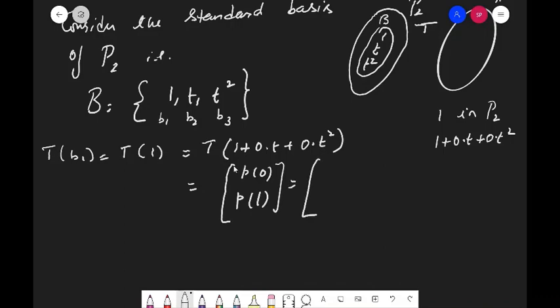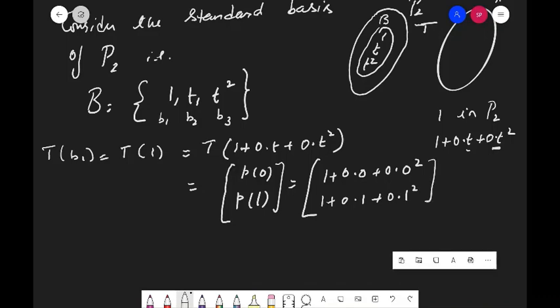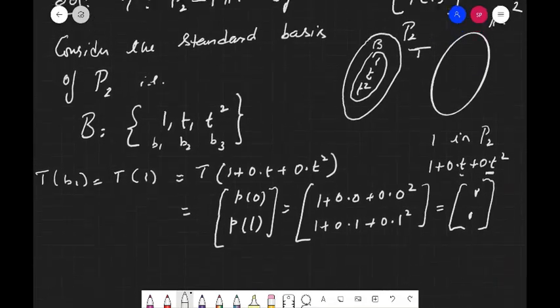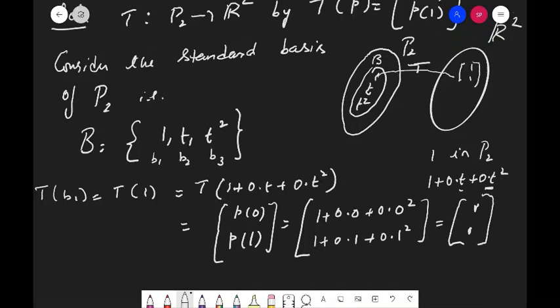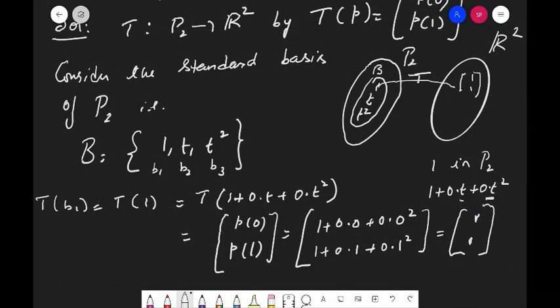P of 0 means wherever t is there, put 0. It is 1 plus 0 into 0 plus 0 into 0 square. And what is p of 1? 1 plus 0 into 1 plus 0 into 1 square. So this is nothing but (1, 1). So what is T of B1 for us? It is (1, 1). T of 1, so this 1 is mapped to (1, 1).